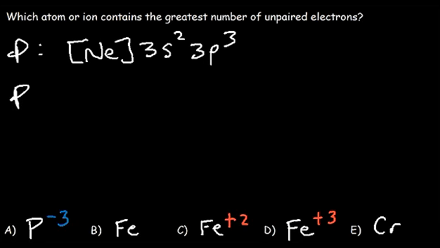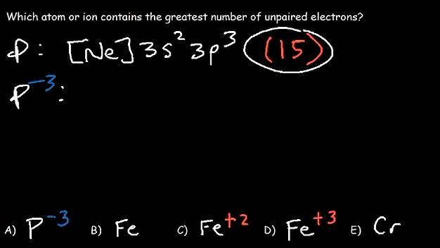Now, the phosphide ion has a -3 charge, which means that it has 3 more electrons. Phosphorus has a total of 15 electrons. So you have 10 for neon, plus 2, plus 3, that's 15. The phosphide ion, which has a -3 charge, has 3 more electrons than protons. So it doesn't have 15 electrons, it has 18 electrons.